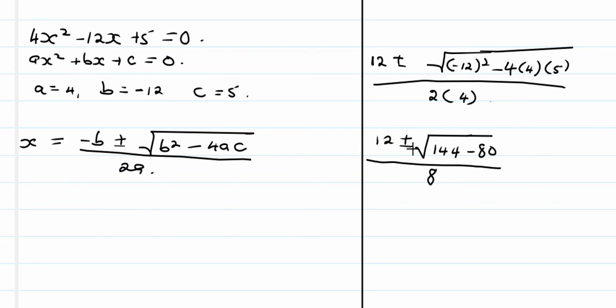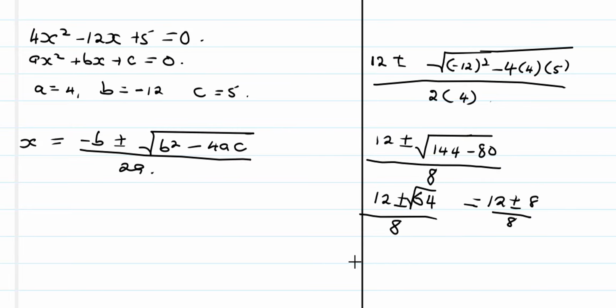So it becomes 12 plus or minus the square root of 144 minus 80, which is 64, then divided by this 8 here. Sorry, I forgot to put the square root there. So it becomes 12 plus or minus the square root of 64, which is 8, then divided by 8.